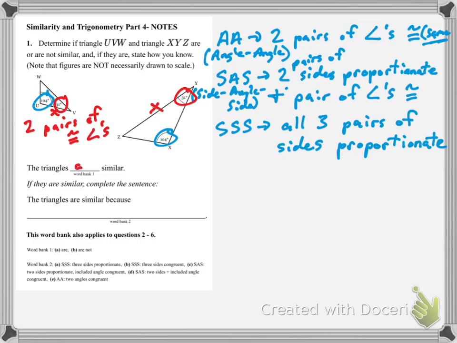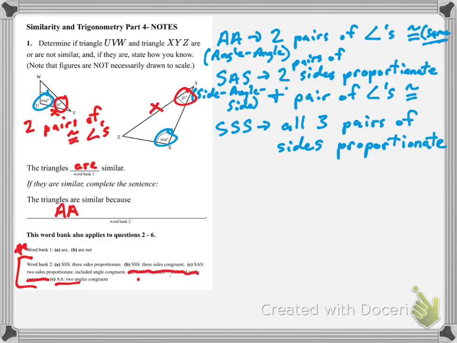So the triangles are similar because, in word bank 1 you're going to have a drop down in Delta Math. In word bank 2, you're going to look for where it says AA. So, because AA. One thing I want you to look at in this word bank: where it says SAS, two sides plus included angle, cross that out.